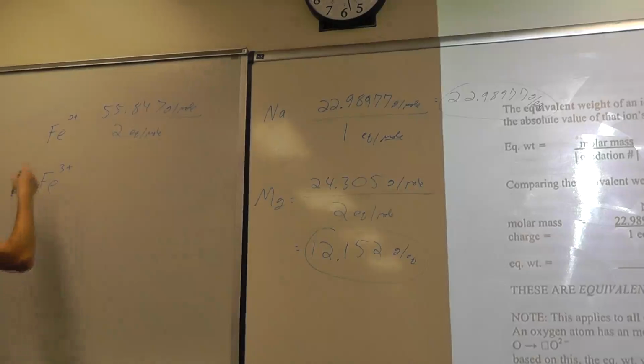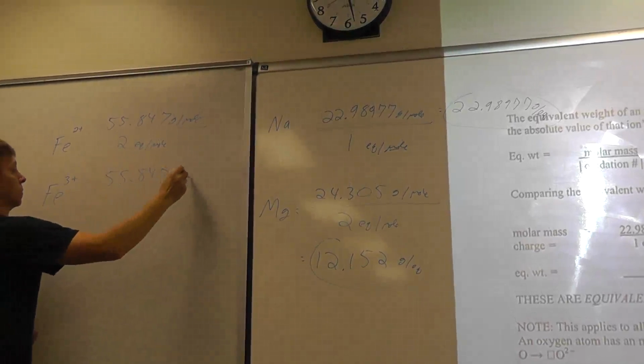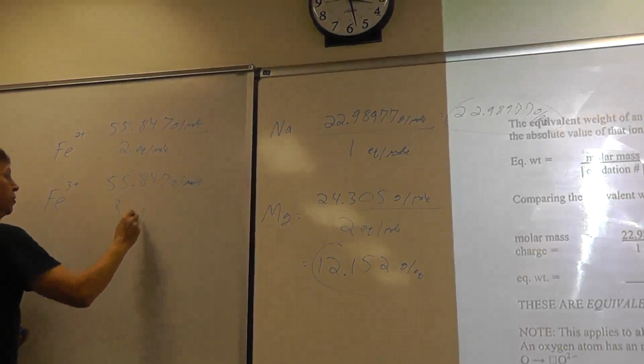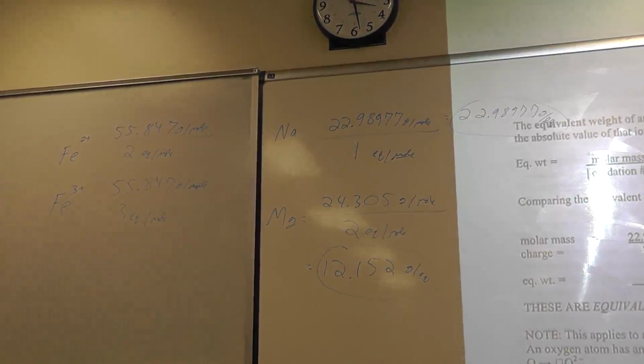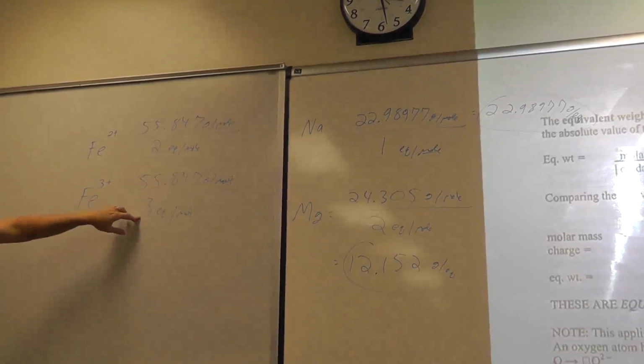But sometimes iron is a +3. And so 3 is its charge, right? Those are not going to have the same equivalent weight because they're not reacting to the same degree.